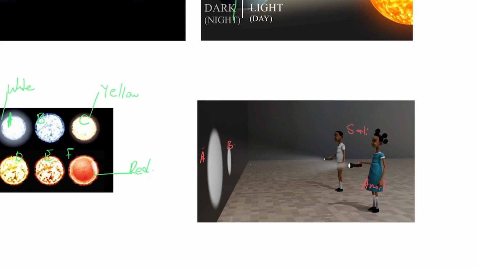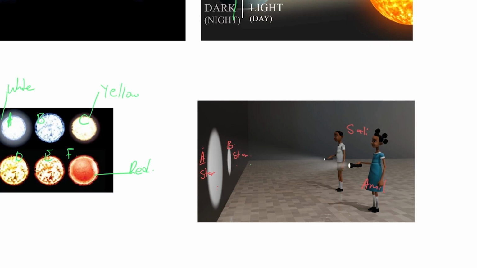When you look here, torch A is bigger than torch B. Now we imagine that torch A is our star, and torch B is another star.